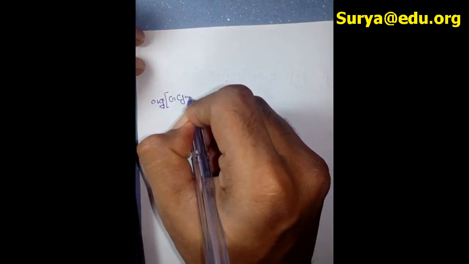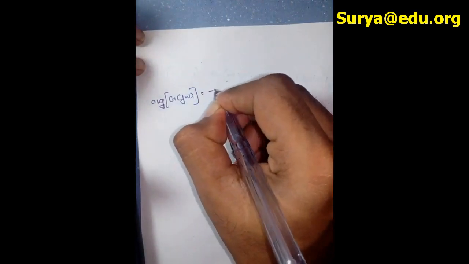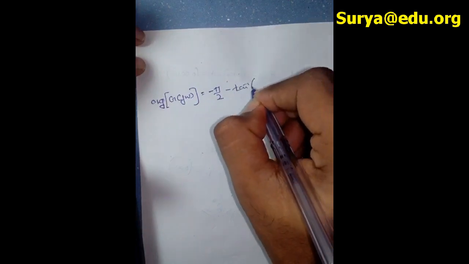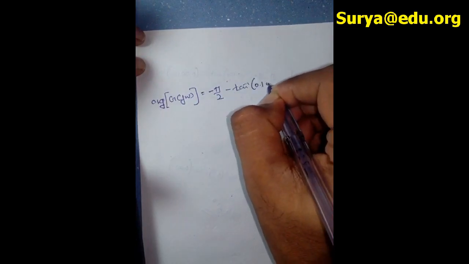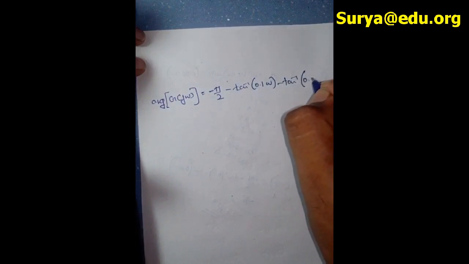So again I am telling, we know the expression for the argument of G of j omega equals minus 5 by 2 minus tan inverse 0.1 omega minus tan inverse 0.001 omega.